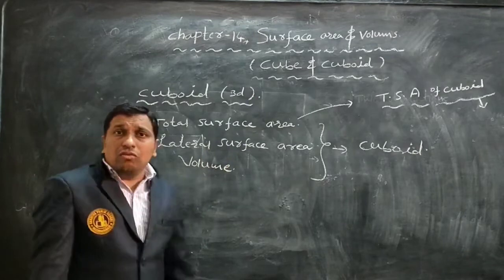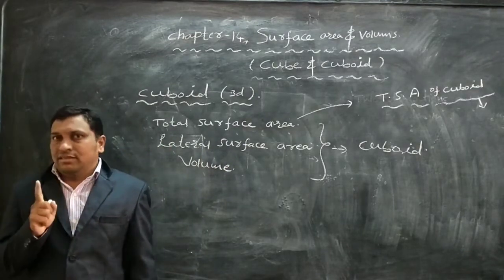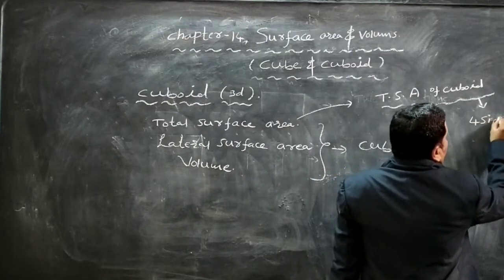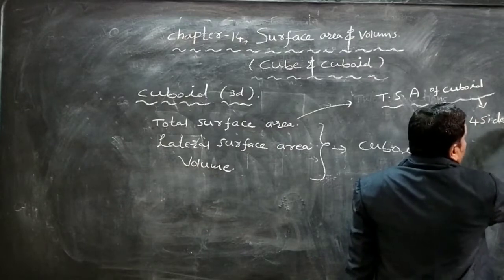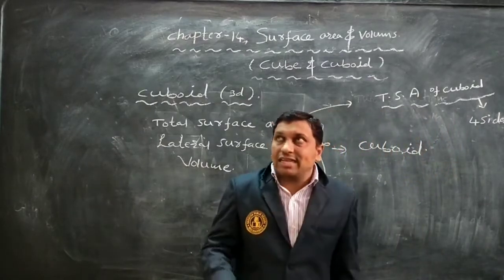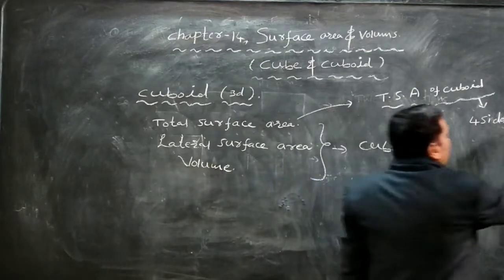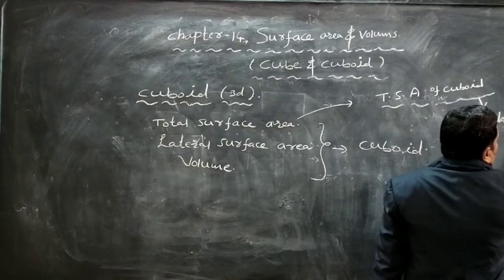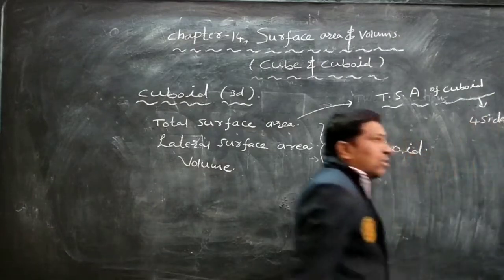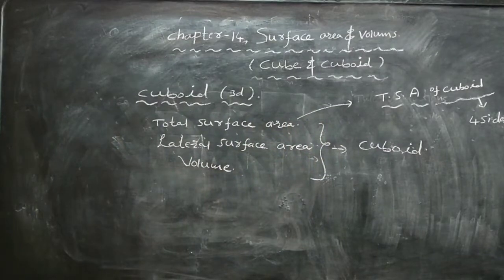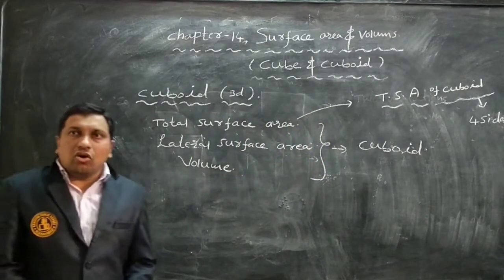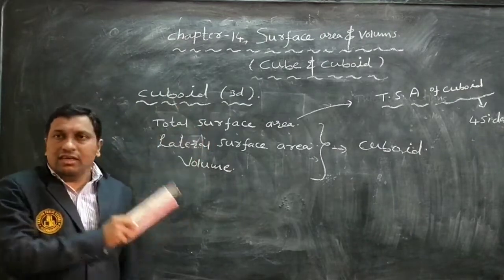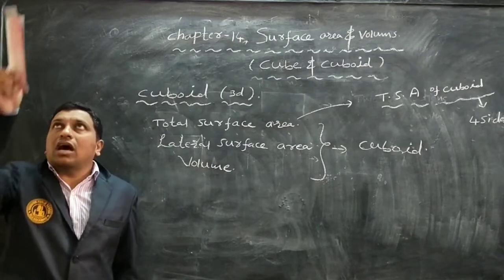Understood? Here we have to measure all 4 sides plus top and bottom. For example, this is our classroom. How many sides are there? 4 sides: first, second, third, lastly fourth, and top and bottom.